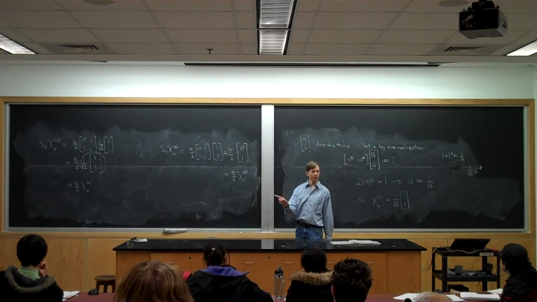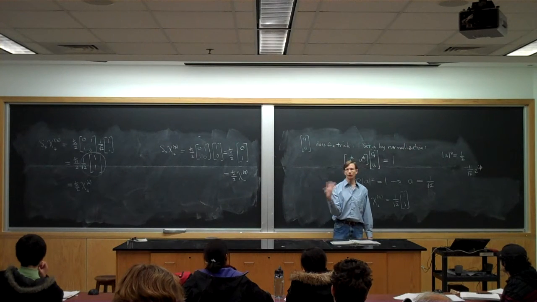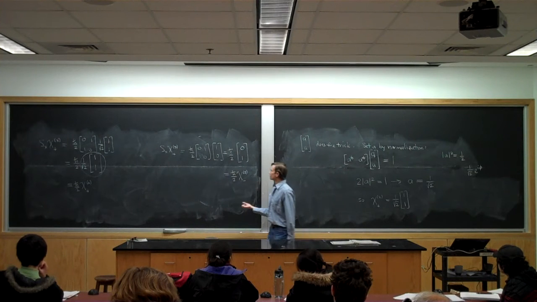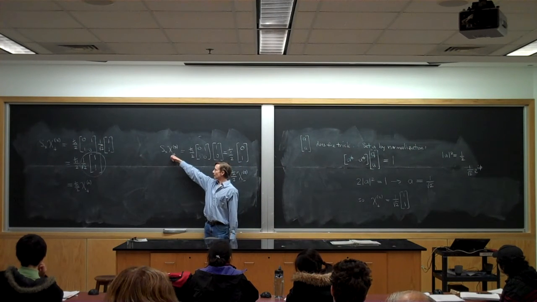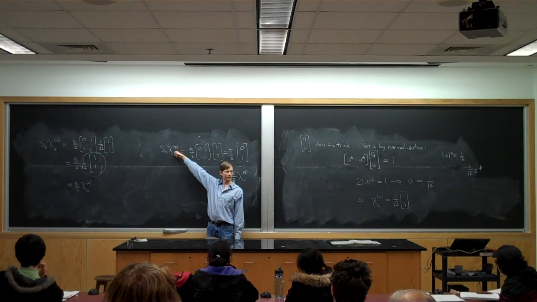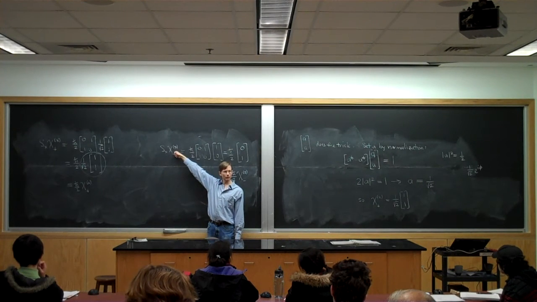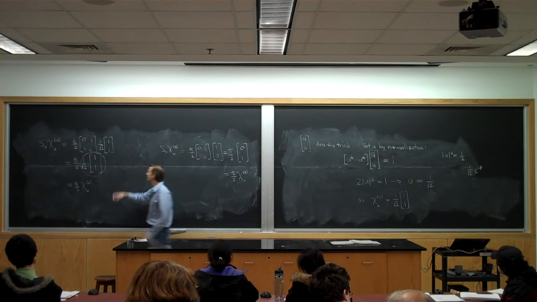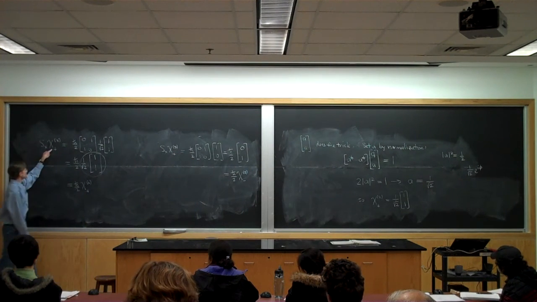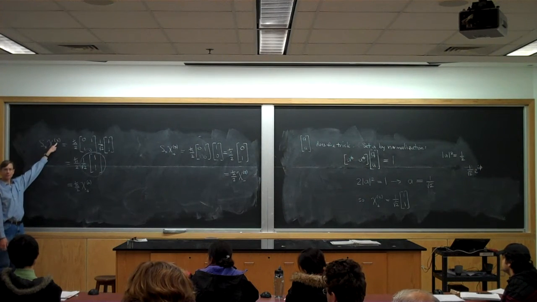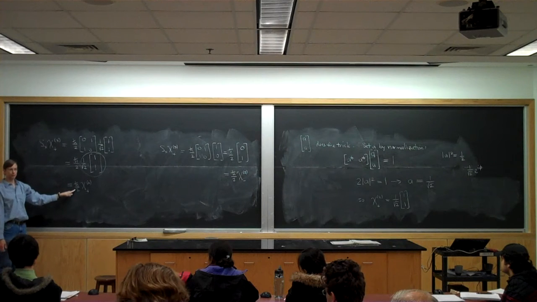If you know one component of the angular momentum, you don't know any other component. So if the spinor is chi plus, I know the z component of the angular momentum, but I don't know the y or the x components. Here, I found the eigenspinor where I know the x component of the angular momentum and that it's equal to h bar over 2.